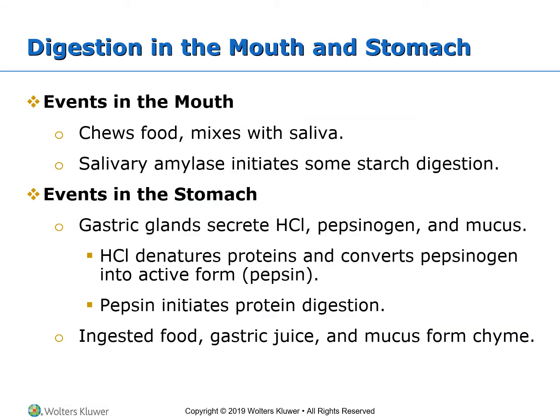We'll summarize now the digestion up to the level of the stomach, and let's see the events that happen up to this point. At the level of the mouth, with the help of the teeth, tongue, lips, and the cheeks, the food will be chewed and mixed with saliva.